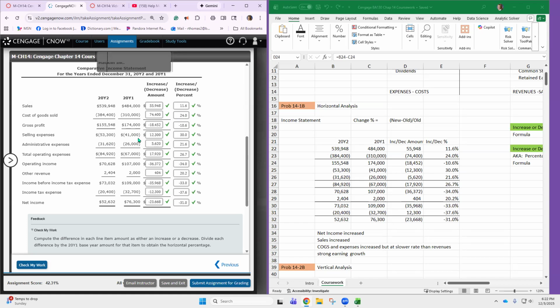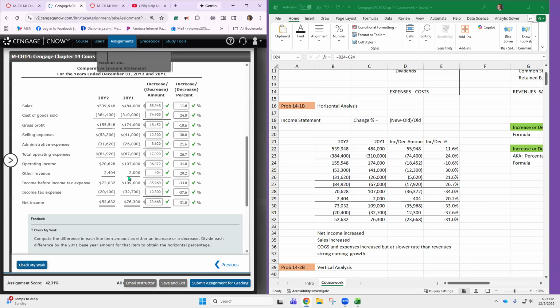Selling expenses, they actually went up by $12,300. Okay, and then administrative expenses actually went up by $5,620. And then operating expenses went up. And operating income actually went down.